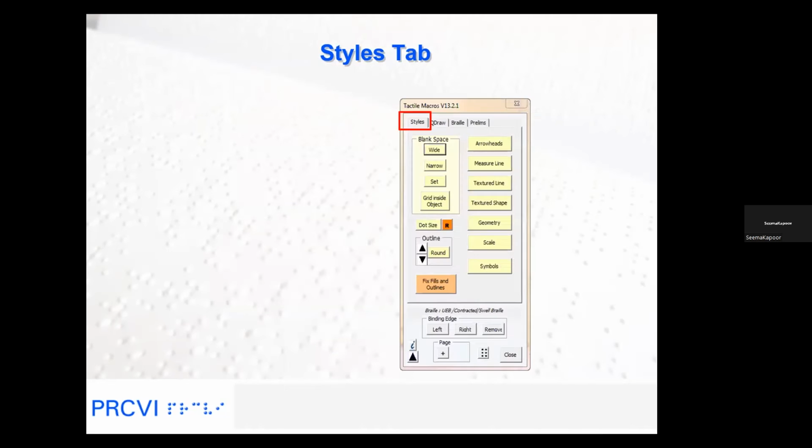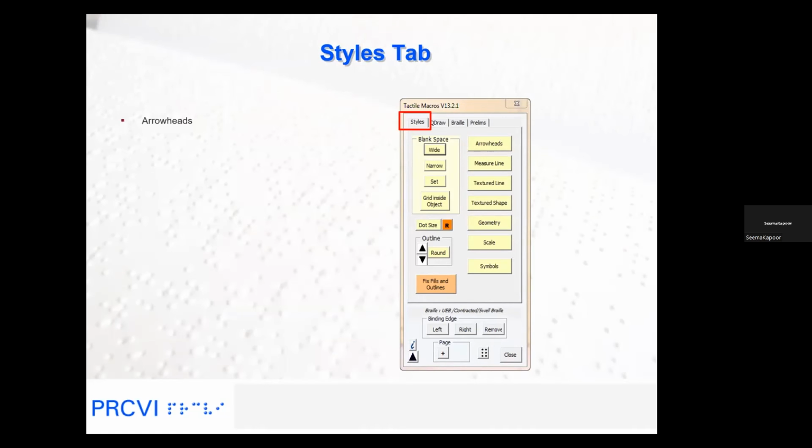So let's look at the Style tab. Under the Style tab, we have a number of buttons which have specific functions. These macros work on a selection that you make before clicking the macro's button.